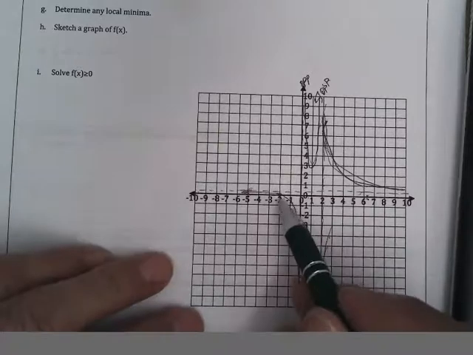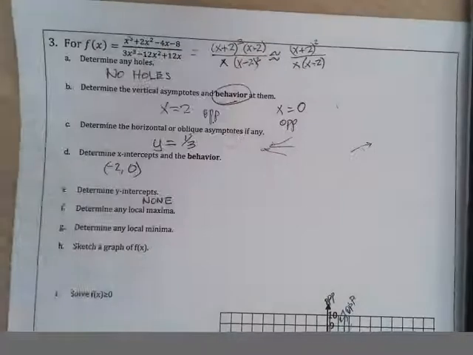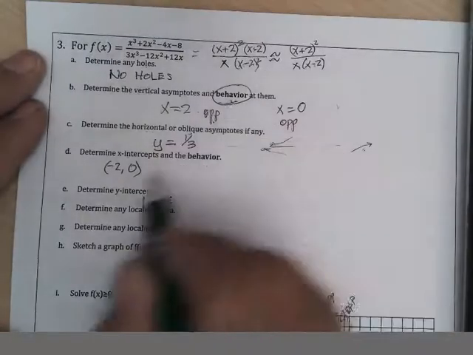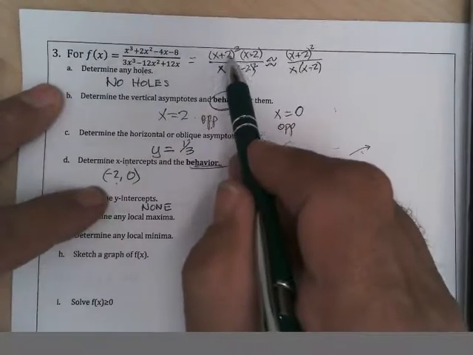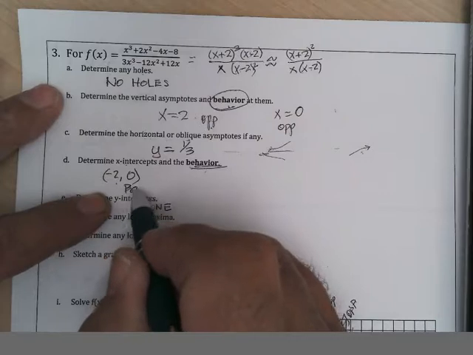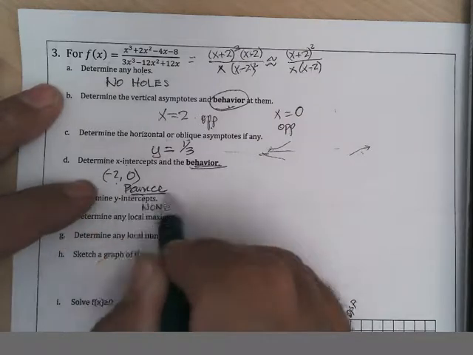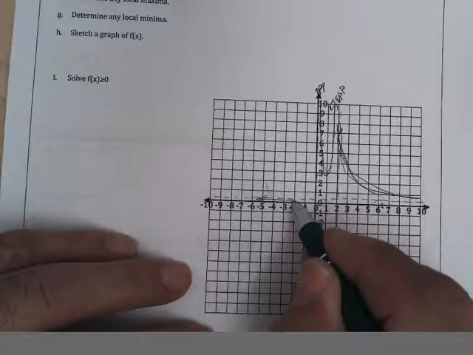And, oh, let's see here. At -2. I didn't do the behavior of my x-intercept. That's what I messed up. This happened twice, so this is a bounce. I forgot to look at the behavior of that, so it bounced at -2.